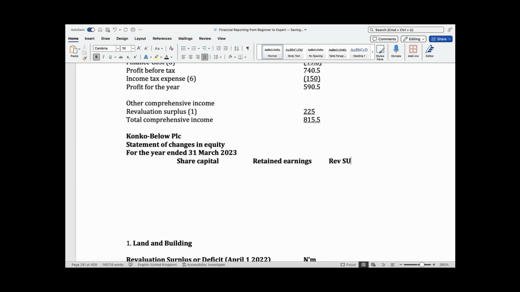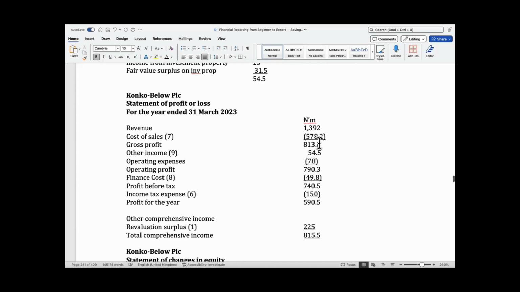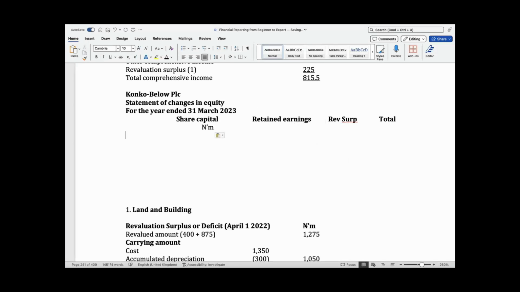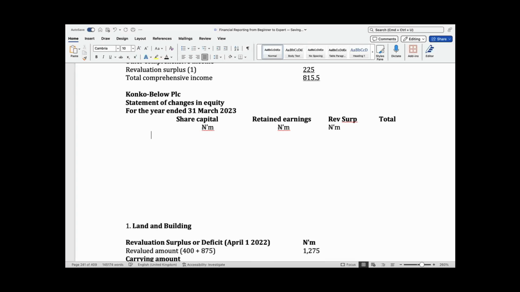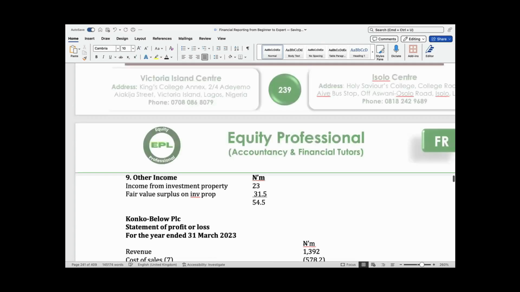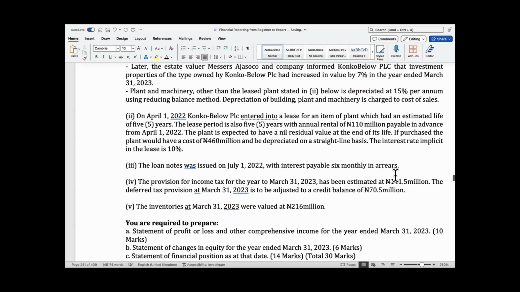I have my valuation surplus. Then total. Okay, so balance brought forward. If I go to my balance, my ordinary share capital was 750 from here. My retained earnings is 598.